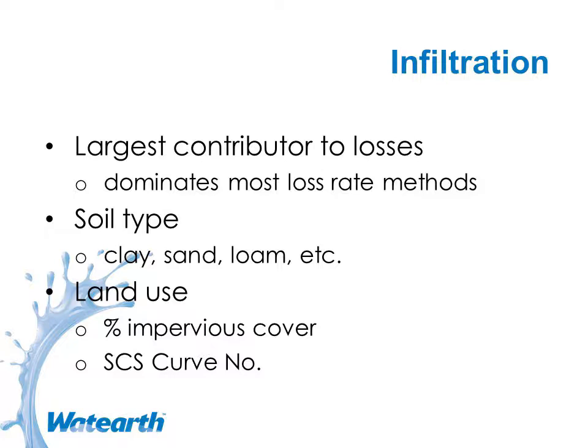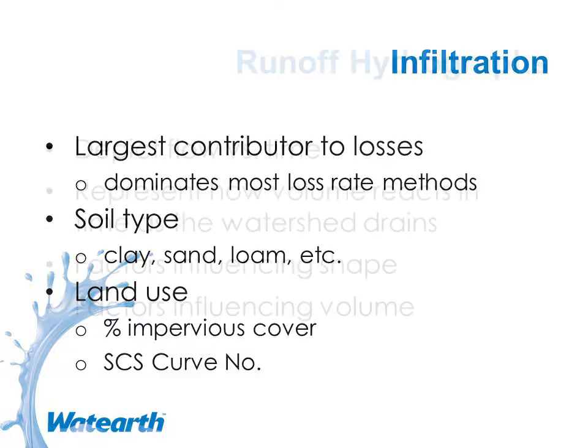So in the HEC-HMS model, we reflect urbanization or development either by percent impervious cover or SCS curve number primarily. I'll say this again because it's important: if you're using the curve number method and you go from undeveloped to developed, you only want to change the curve number. You don't want to change the impervious cover too, or it double counts it.